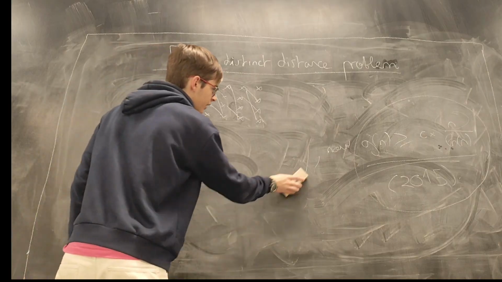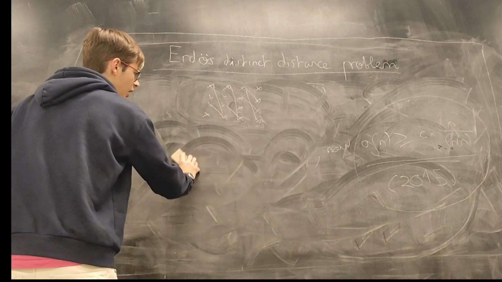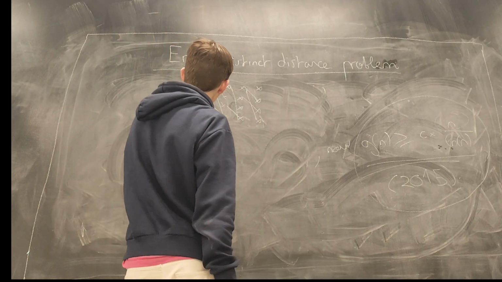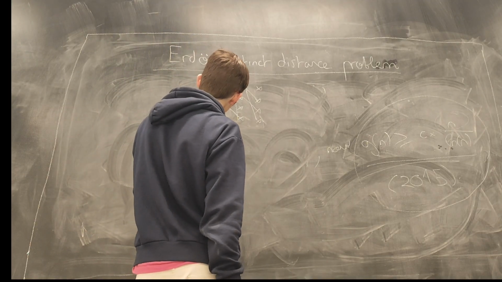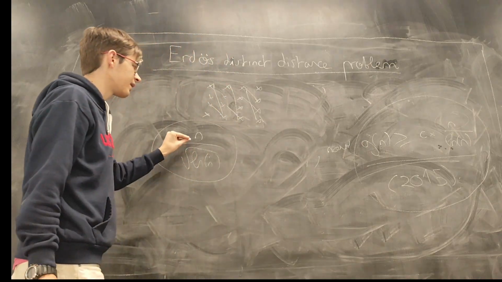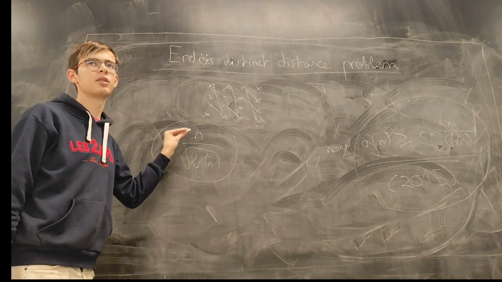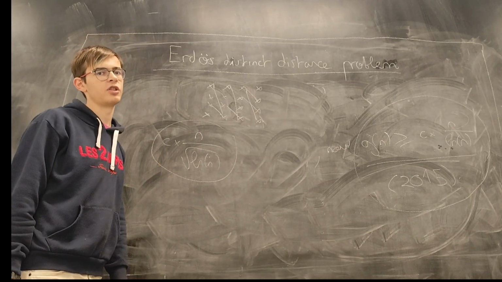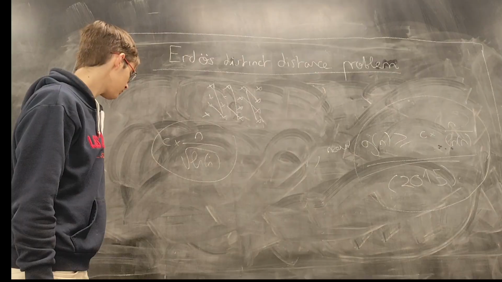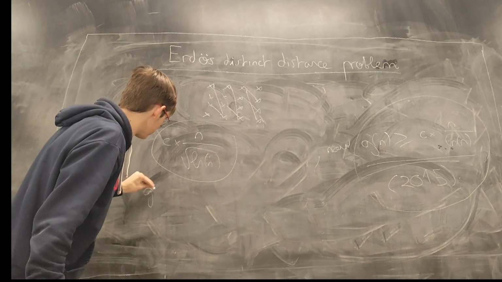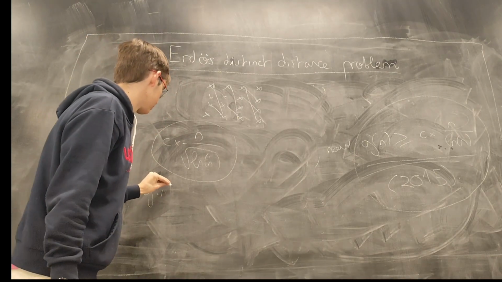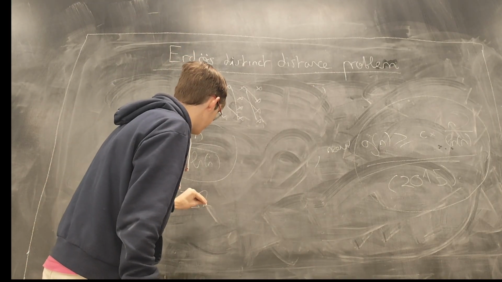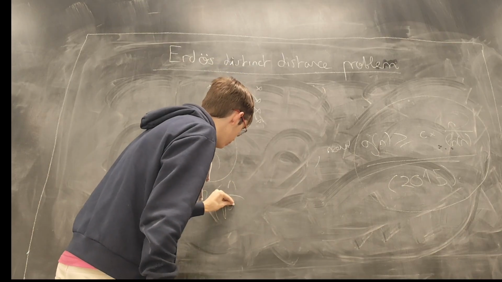And you show that in this case, the number of distinct distances is basically a constant times n over the square root of log n. And this is actually conjectured to be the right order of magnitude for g of n. In more technical terms, it's widely believed that g of n is equal to theta of n over the square root of log n.